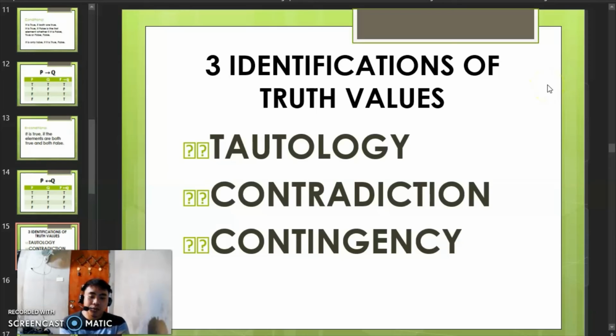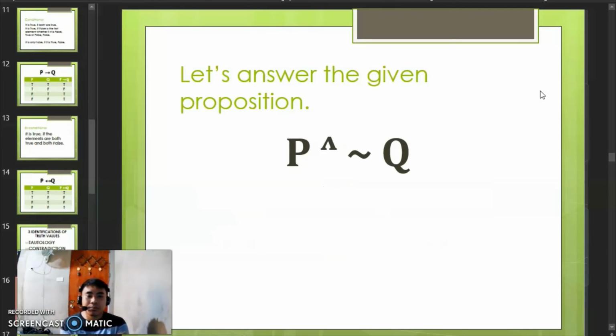Okay? So, before I end this topic, let's have a simple exercise for you, kumbaga, ma-practice natin kung naintindihan nyo ba yung gamit ng 5 logical connectives in truth values. So, this will be the given. Let's answer the given proposition.